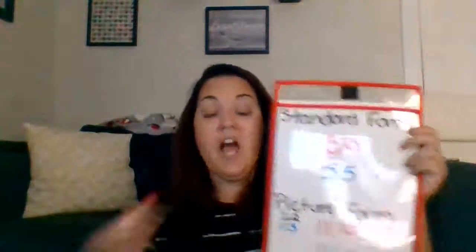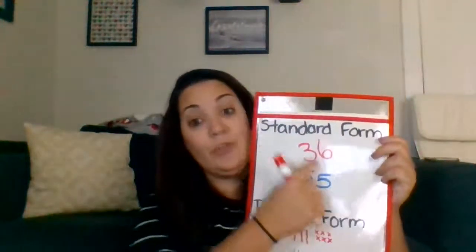It will help us. Now, the last way we're going to write a number is in word form. And word form is exactly the way it sounds. It's using words to write numbers. So if I have the number 36, I'm just going to write the words thirty-six. So when I do word form, I write thirty-six.